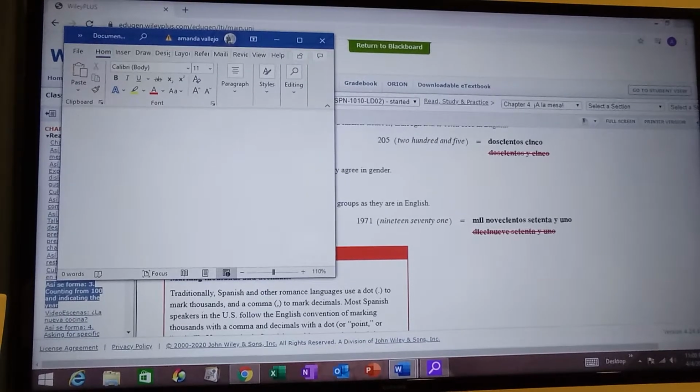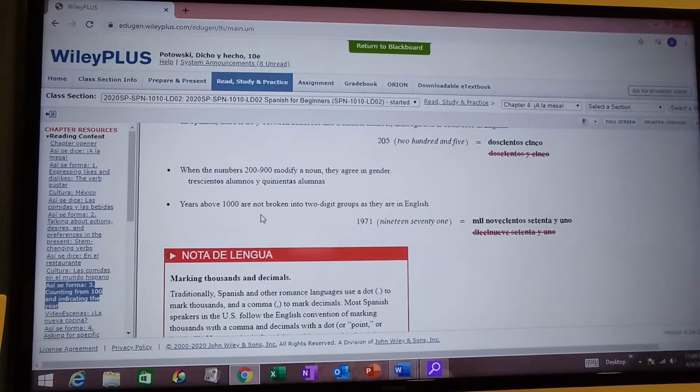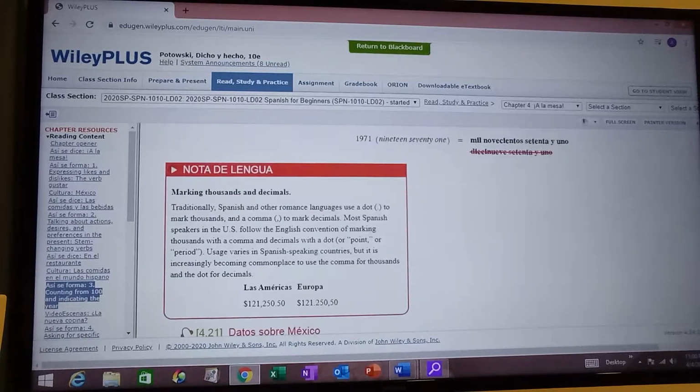For example, today is 6 de abril de 2020. We do not say twenty twenty. This rule is about that. Years above 1000 are not broken into two-digit groups as they are in English.